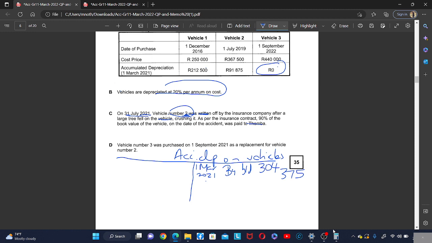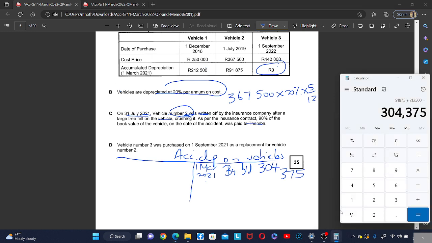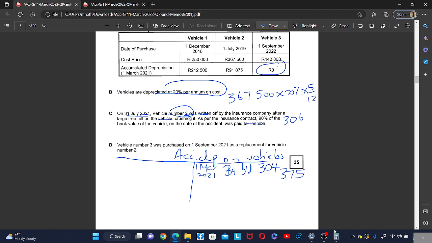So we're going to say 367,500 times 20% times 5/12. 367,500 times 20% times 5 divided by 12 is equal to 80,625.